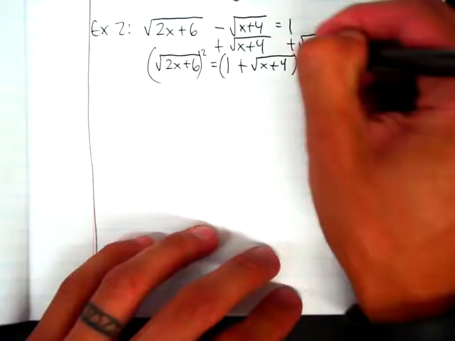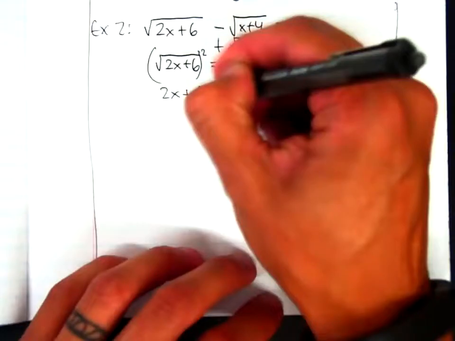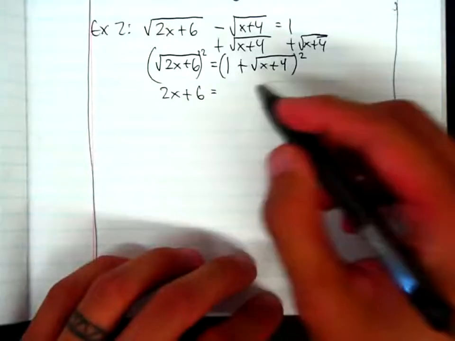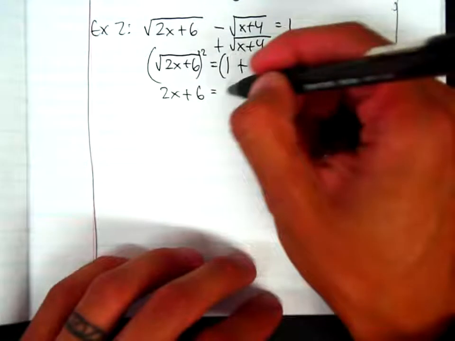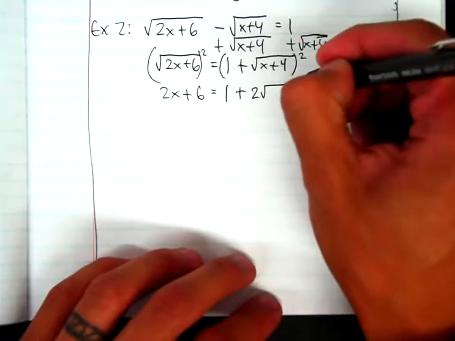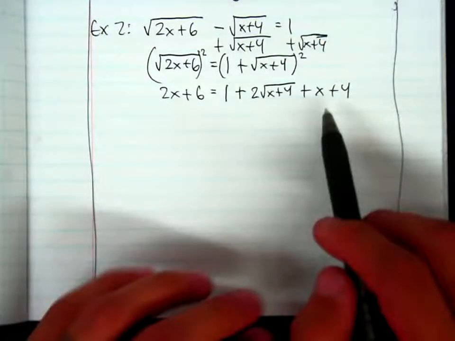If I square both sides, I will have 2x plus 6 equals, and then this one is a binomial. It's a perfect square binomial, so I have to actually fill this out. So if I fill this out, I'll end up with 1 plus 2 radical x plus 4 plus x plus 4. Okay, so at this point, I'm going to combine like terms, try to isolate this radical now, and then I'm going to square it.